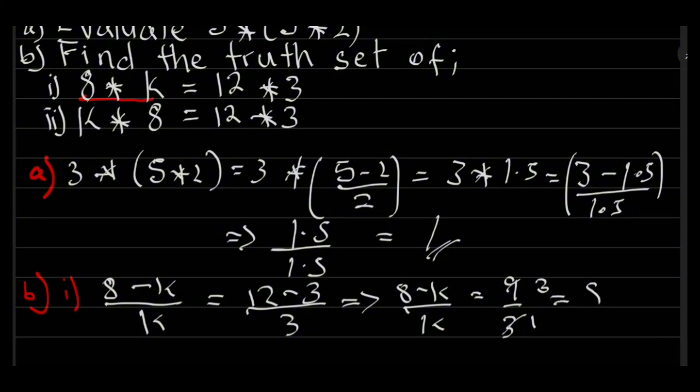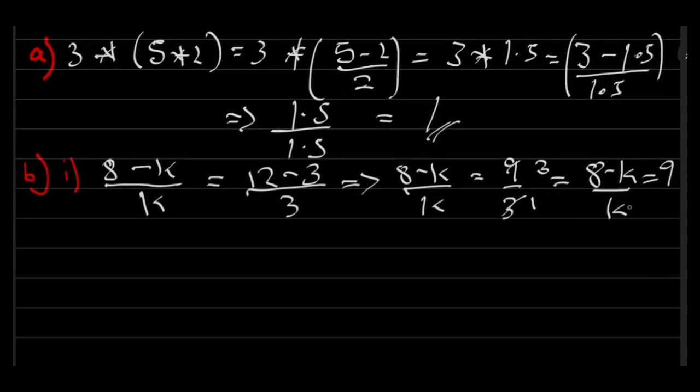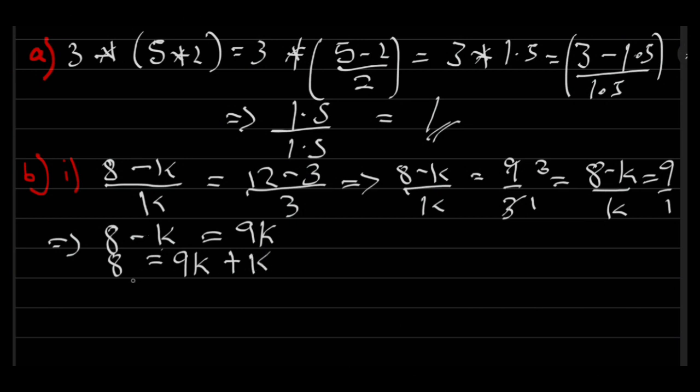So we have 8 minus k all over k equals 3. Then we can cross multiply. 3 is over 1, so 1 multiplies 8 minus k, and we still have 8 minus k. And k times 3 gives us 3k. So we move k to the other side. This gives us 8 equals 3k plus k, since it was negative.